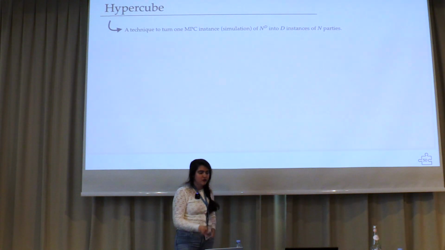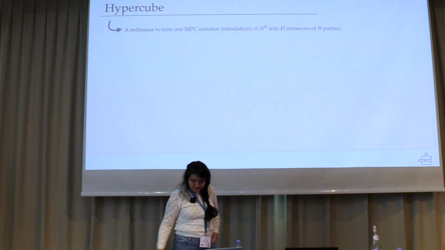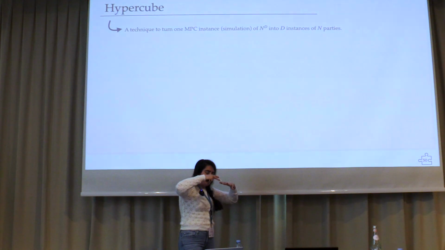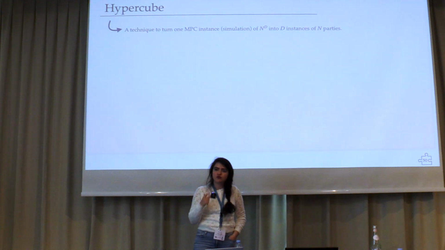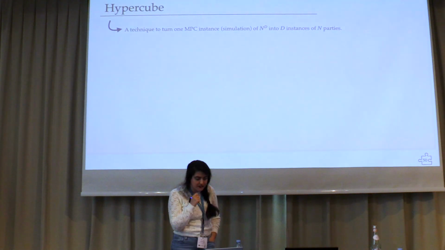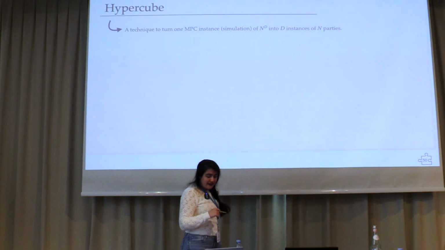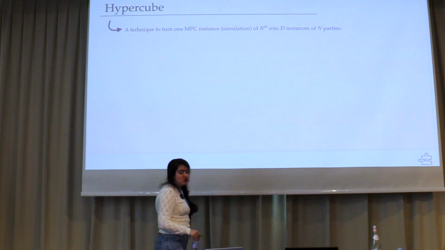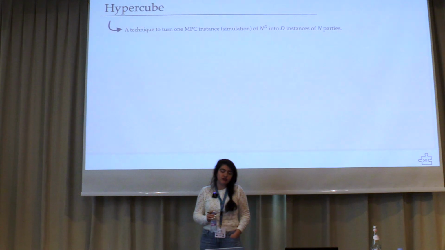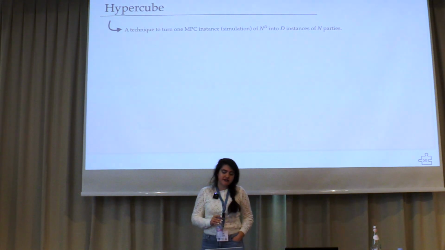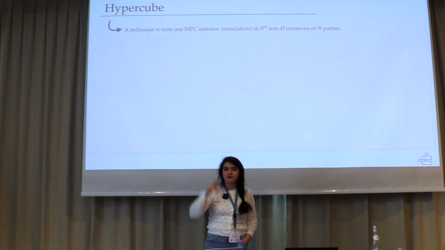You can use what we call the hypercube technique. And that one, I will go at a very high level on it, but you get the main ideas, and then when you read it, it's going to make a lot more sense. So this optimization technique is used to turn one MPC instance. Let's say you have an MPC instance with a number of parties that is equal to n^d.